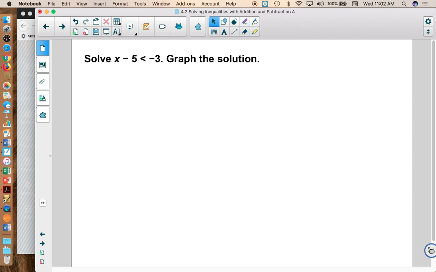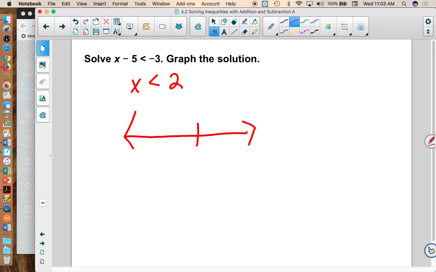So x is less than 2? No, open circle. Is that what you did?